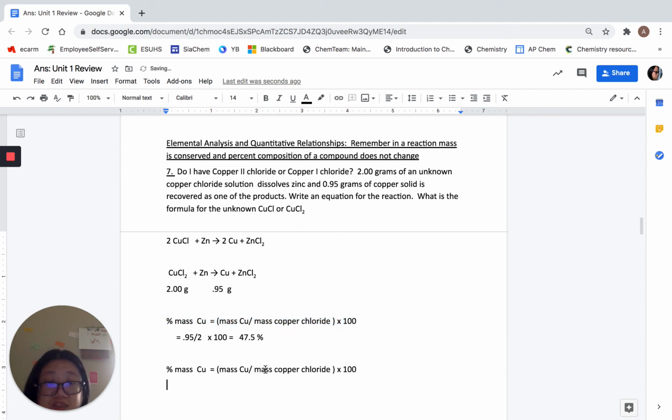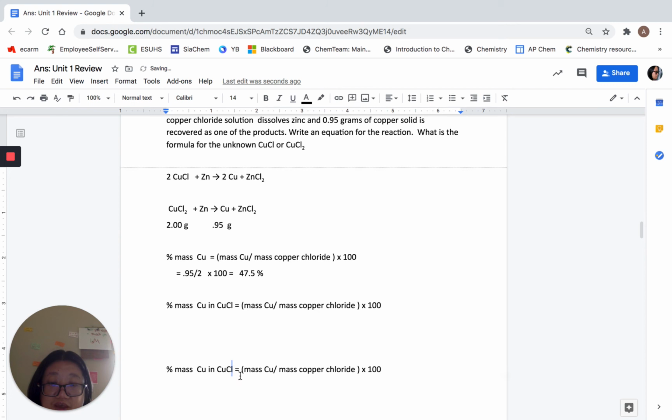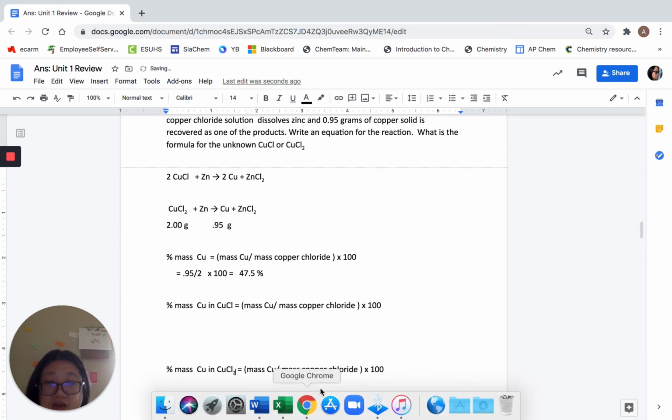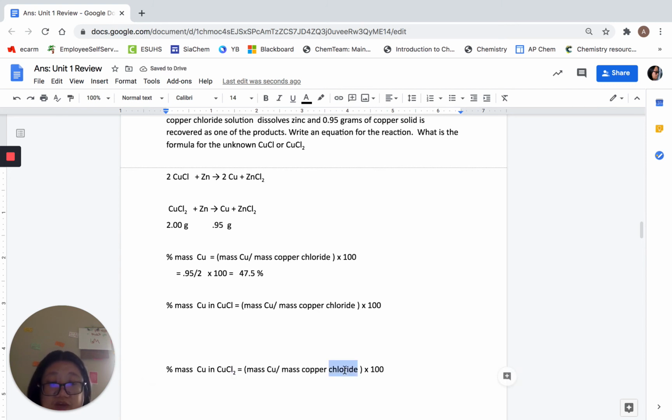This time we're hypothetically finding it in CuCl, and we're also going to find it in CuCl2. So this part would be CuCl2, and this part would be CuCl.